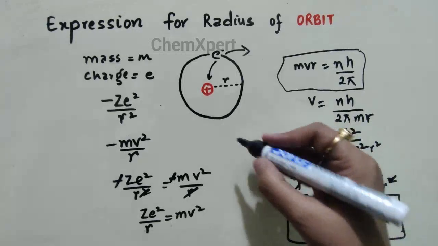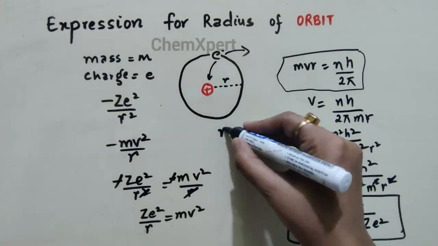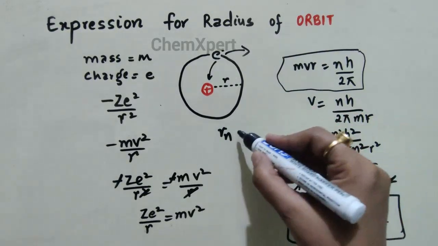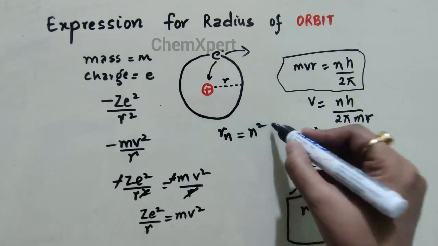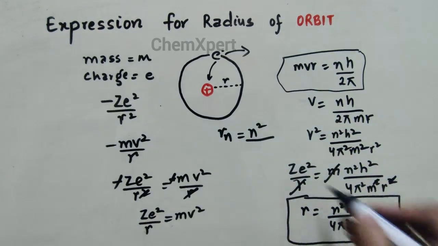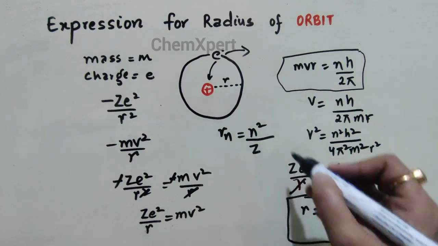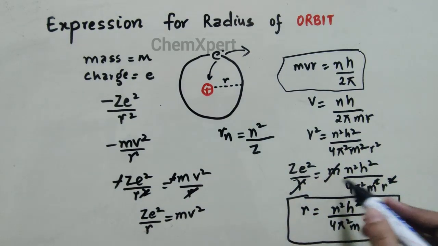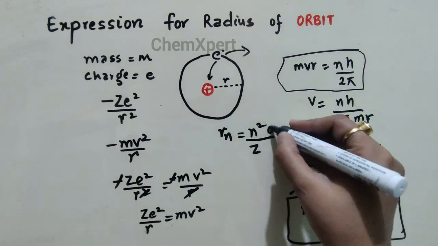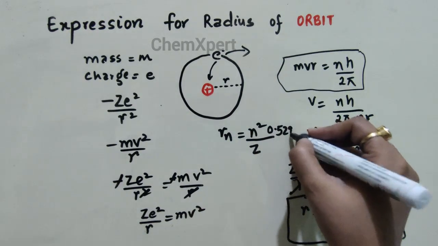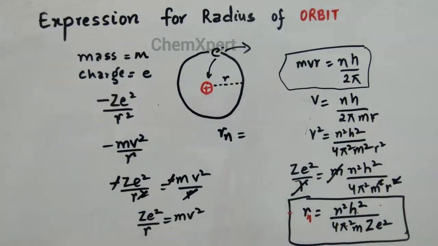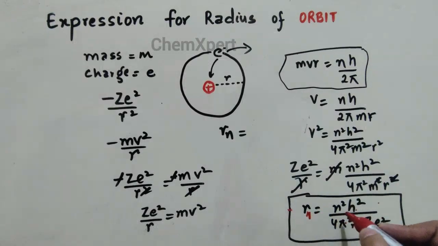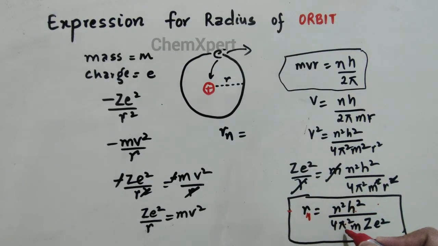So what will be the final relation for any nth orbit? Rn comes to be n square, and what is left here is Z, and the total expression for this is 0.529 angstrom. Now as we know, h is Planck's constant, pi is also a constant, the mass of the electron is a constant, and e is the electron charge.